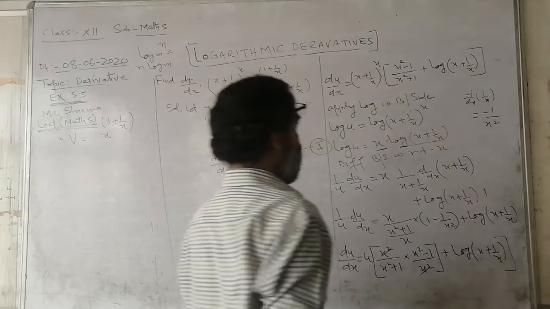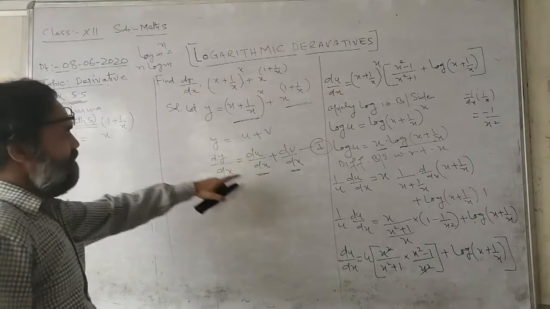So this is the final value of du upon dx.